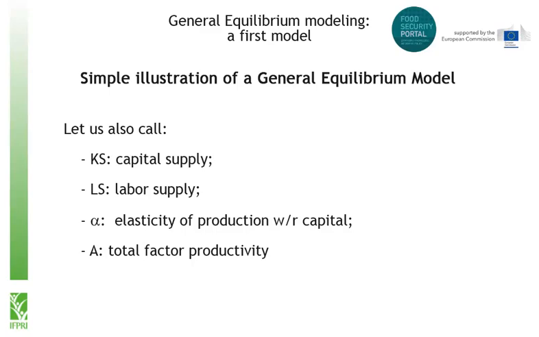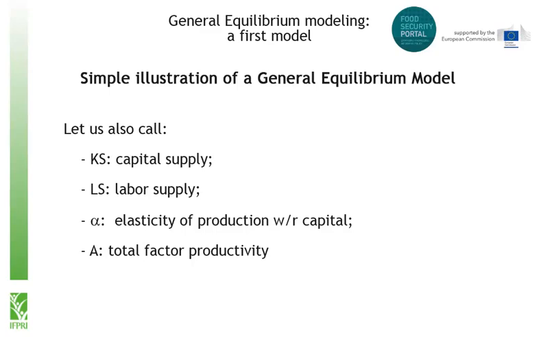In fact, for example, the modeler can decide to introduce some technical progress and can decide to augment A, the global productivity of production factors, or he can decide to introduce immigration with an increase of LS, or he can decide to introduce foreign direct investment through an increase in the capital supply.